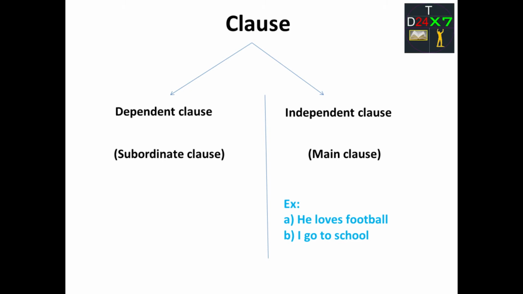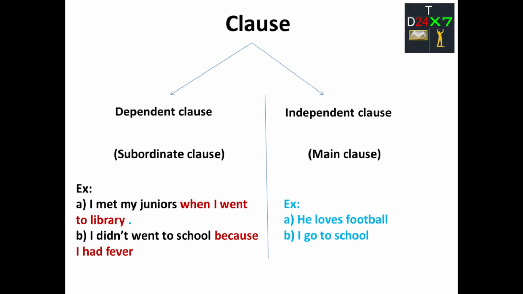All are independent clauses. Some more examples: I met my juniors when I went to the library. Here, when I went to the library is a dependent clause. It depends upon the independent clause, I met my juniors. Another example: I didn't go to school because I had fever. Here, because I had fever is a dependent clause.